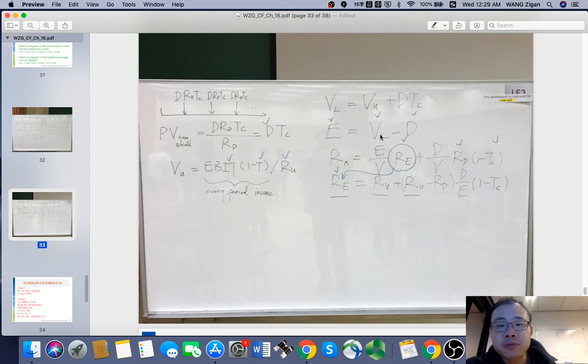When you have the levered firm's value and you have the debt amount, you can calculate the equity value E. When you have the equity value and D, you can calculate V, so you can calculate both weights. When you calculate both weights, and you know RA, then you can calculate the ROE. When you calculate ROE, you can put the ROE here and calculate the others.